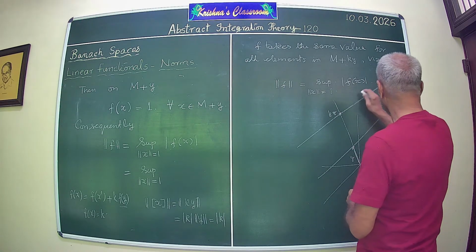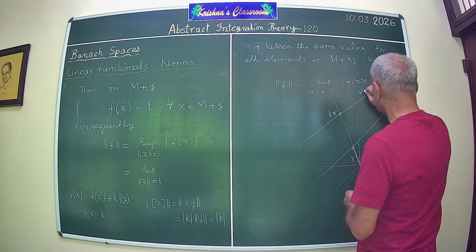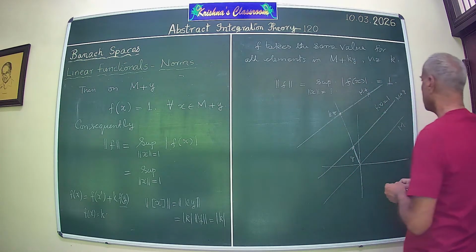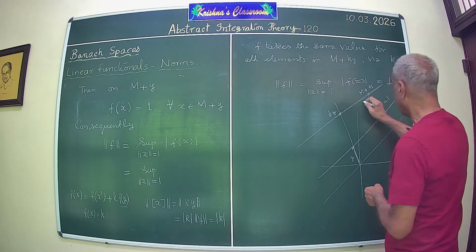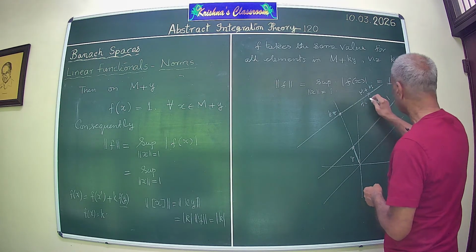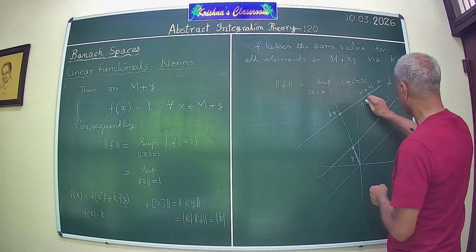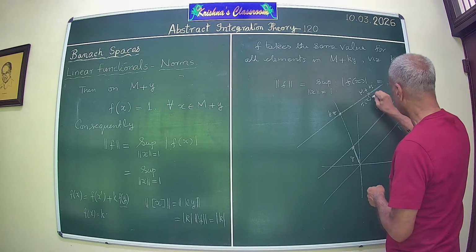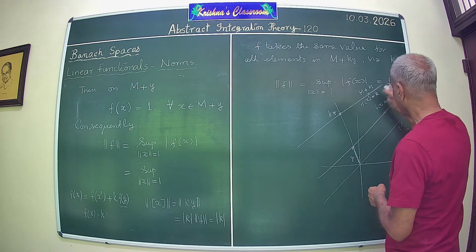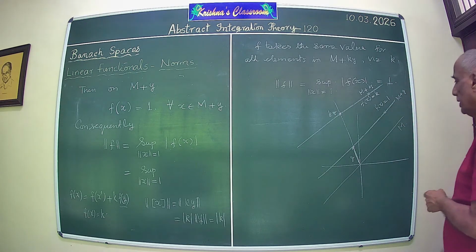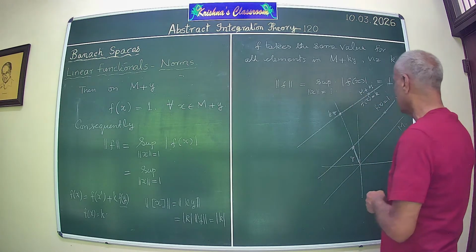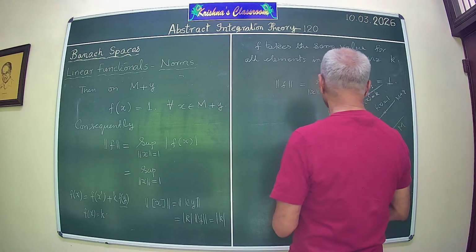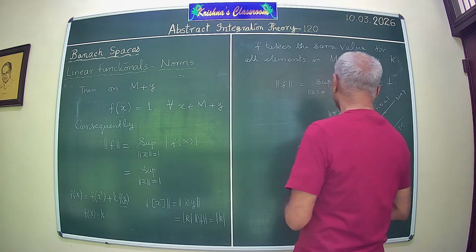For any x here, this is M plus ky, and f of x is k. So on each of these, this is equal to 1. So you see that always when you take the absolute value of f of x, that is going to be mod k.